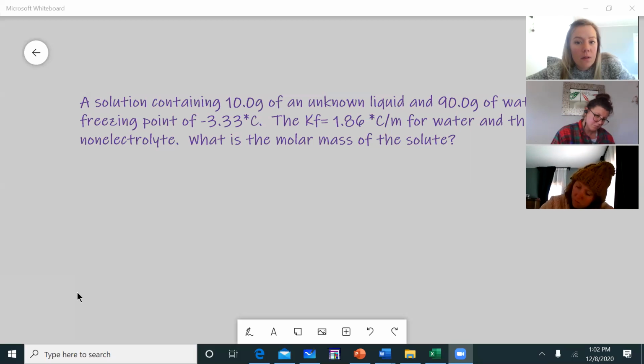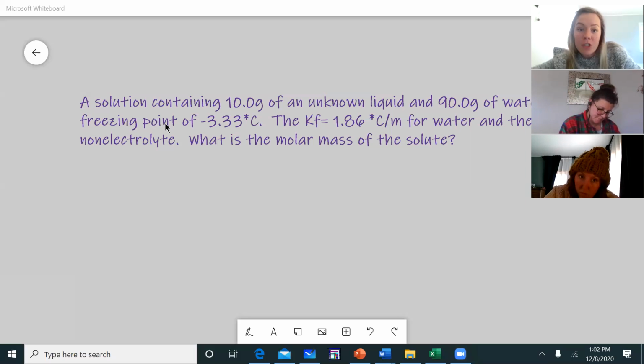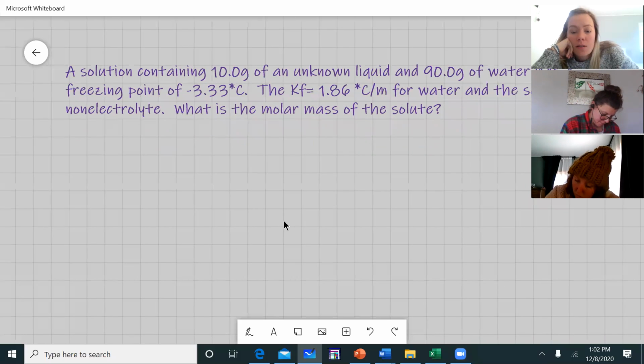So looking at this one, this is another problem where you're given a bunch of information and it really just wants you to calculate molar mass.